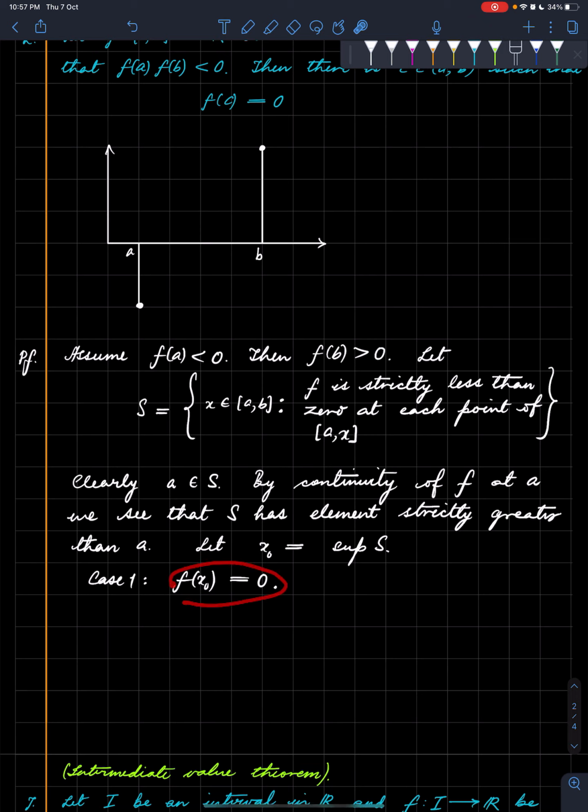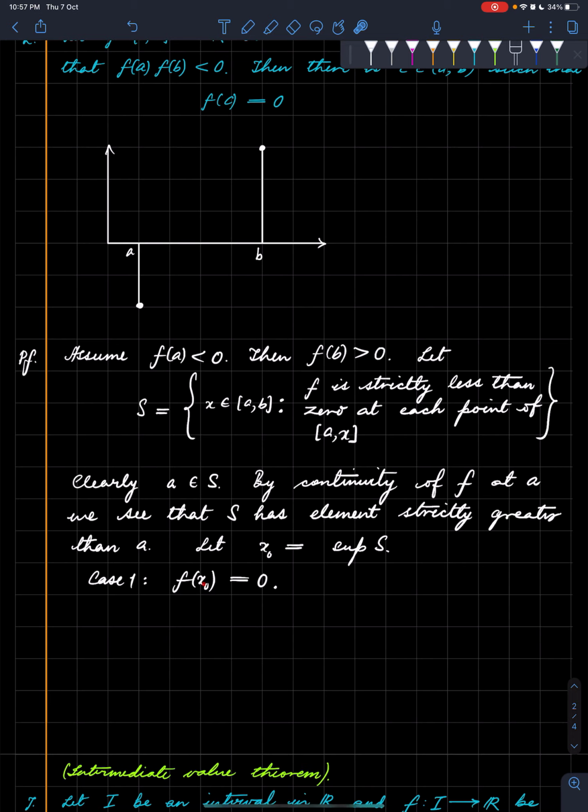Now x naught cannot be equal to b, because at b the function takes positive value. So this would simply not happen if x naught equal to b. So x naught is less than b in this case. x naught is also strictly exceeding a, simply because S has elements greater than a, and therefore the supremum of S also will be greater than a.